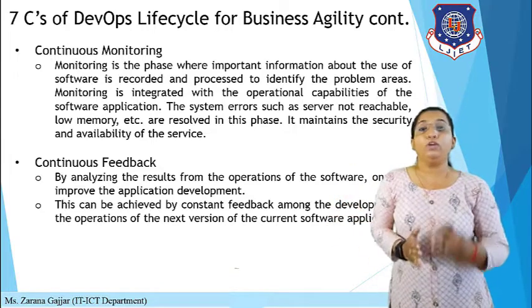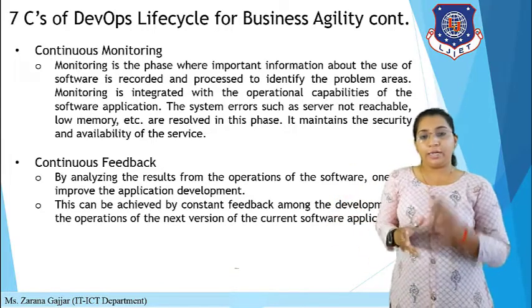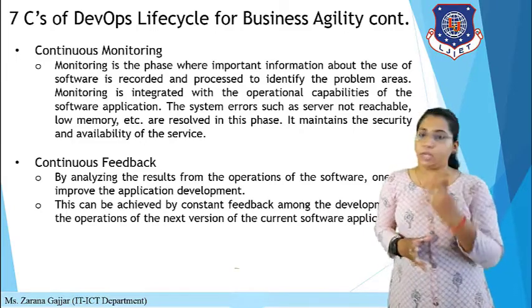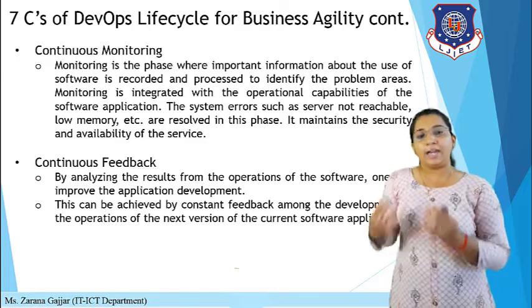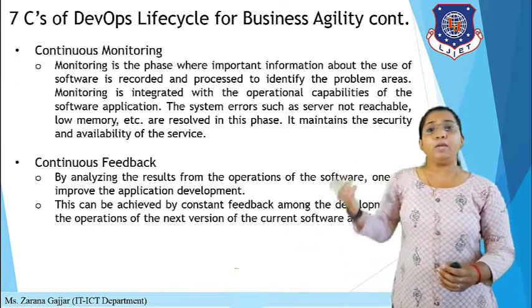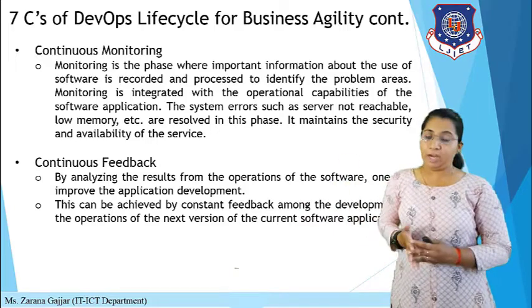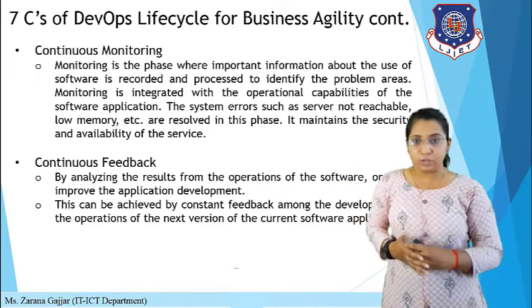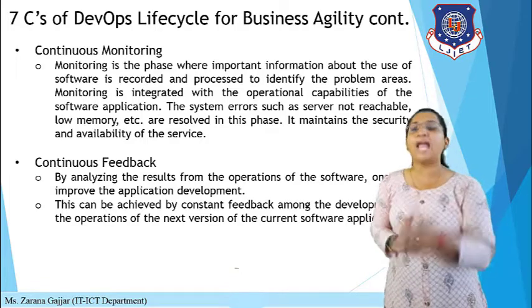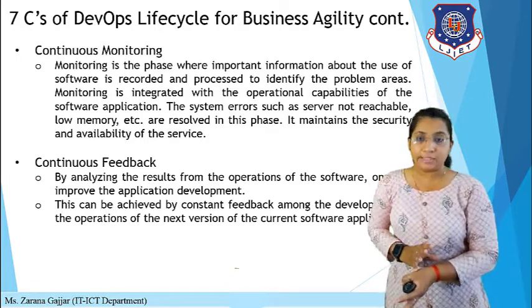Now about continuous feedback. Okay, so if you are delivering each and every iteration to the customer, they will obviously give you feedback. Okay, so by analyzing the result from the operation of the software, one can improve the application development. Okay, so if the customer gives you some feedback, you check that particular feedback and apply it to the actual existing system.